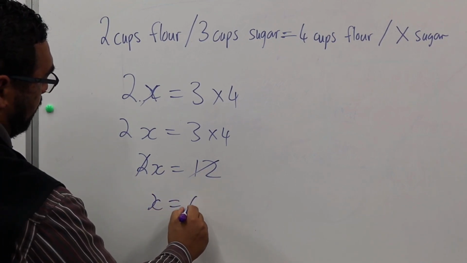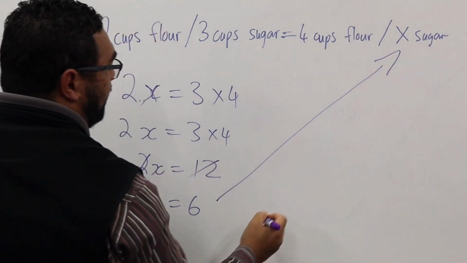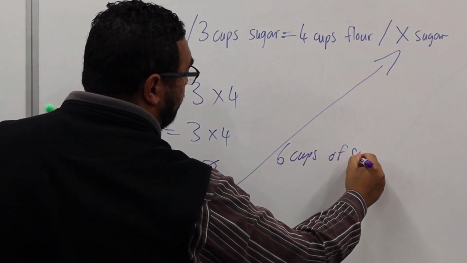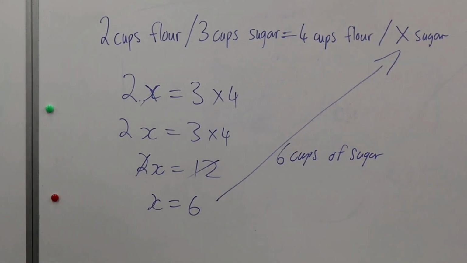And we get to an answer of 6, which means this is 6 cups of sugar. So if I double the flour, I must also increase the sugar to 6 cups to maintain the proportion. That's what this is all about.